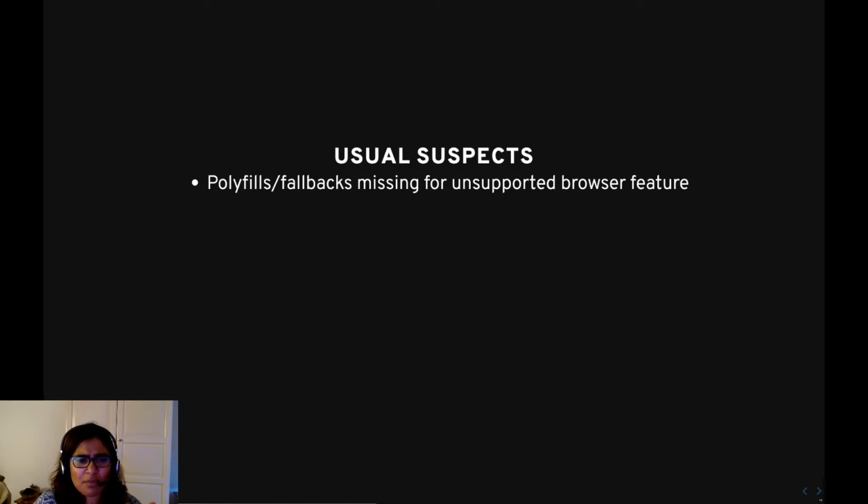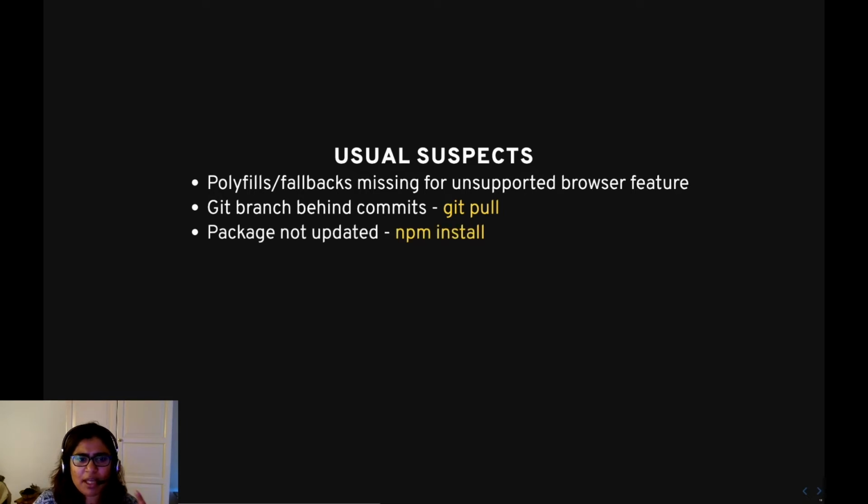Now, if you find it is machine specific, then it may be that your branch is behind commits, so do a git pull, or maybe there are some missing packages, then do an npm install. And third, empty your cache and reload. Sometimes the browsers cache very heavily, especially during development.